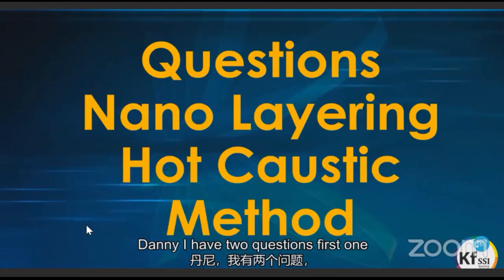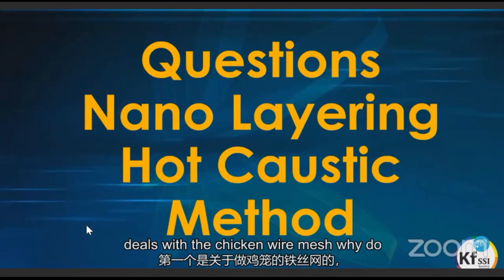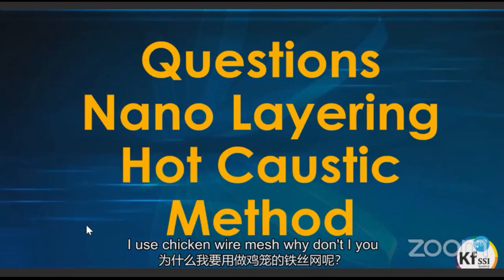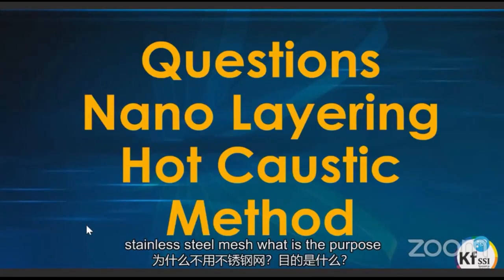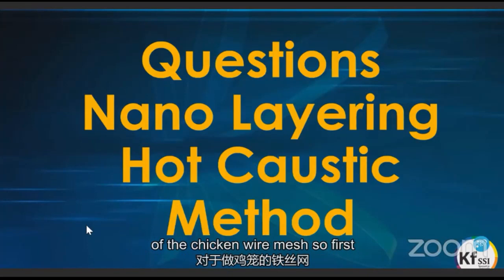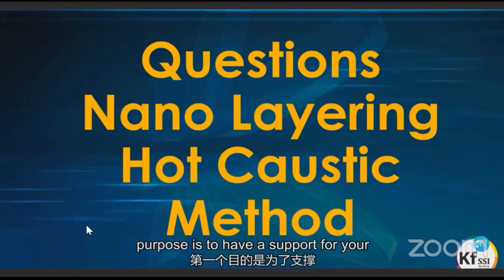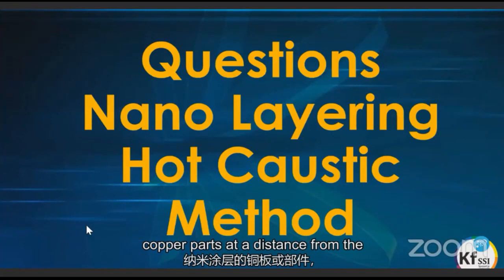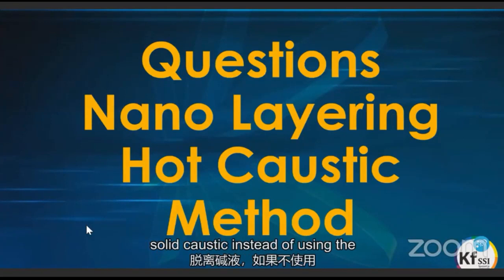I have two questions. The first one deals with the chicken wire mesh. Why do I use chicken wire mesh? Why don't I use stainless steel mesh? What is the purpose of this chicken wire mesh? So the first purpose is to have a support for your copper parts at a distance from the solid caustic.